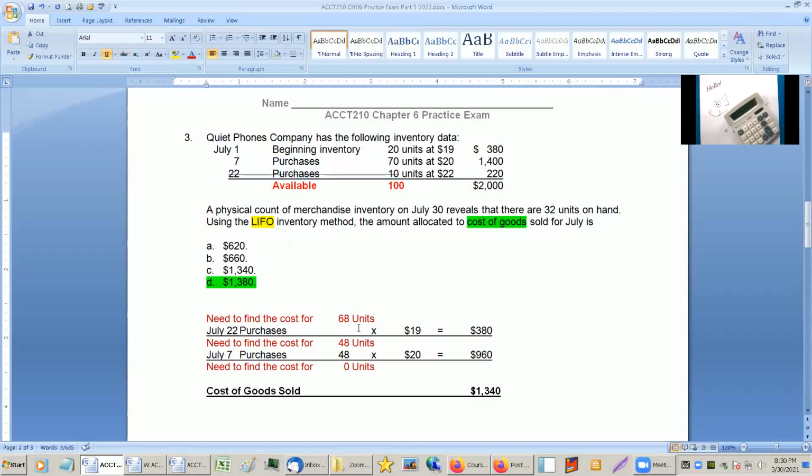Take the 10 units at $22 each. Next place you're going to go are July 7th. See, I didn't erase those, but we need 58.